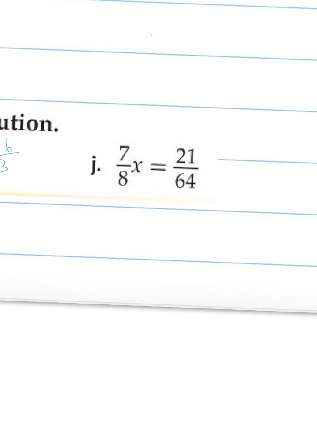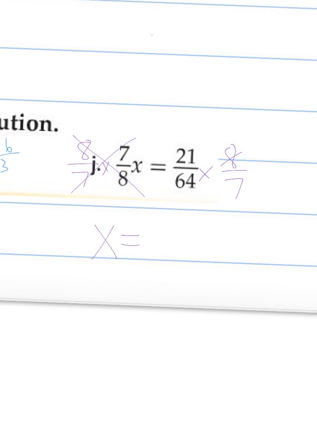And last one here. 7/8 x equals 21/64. Multiply each side by the multiplicative inverse of the fraction in front of your variable. These all cancel, so you're left with x. This is where shortcuts come in handy. You could do 21 times 8 and then 64 times 7 and then simplify your answer at the end.